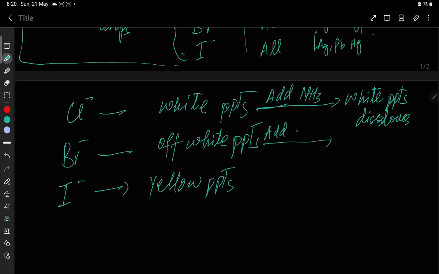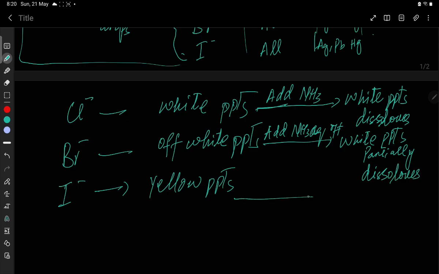Add aqueous ammonia, off-white precipitate partially dissolves. And if we add aqueous ammonia, yellow precipitate is insoluble.